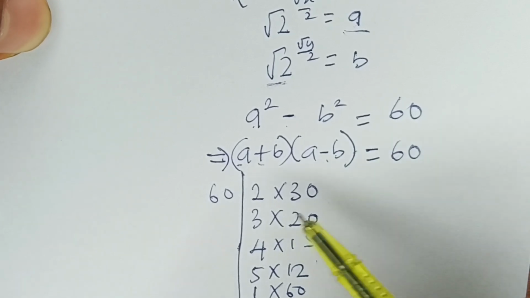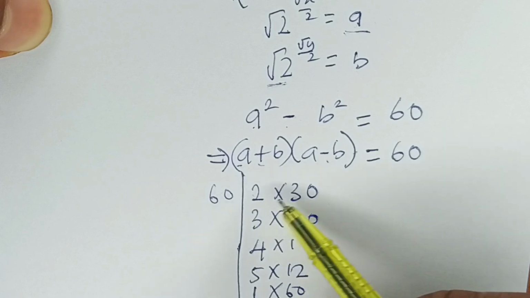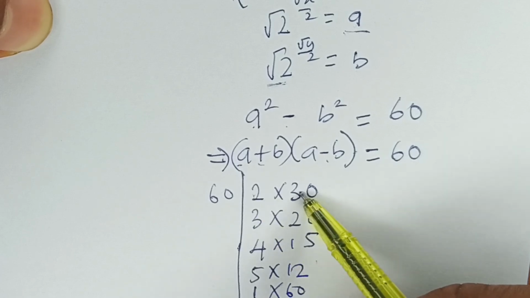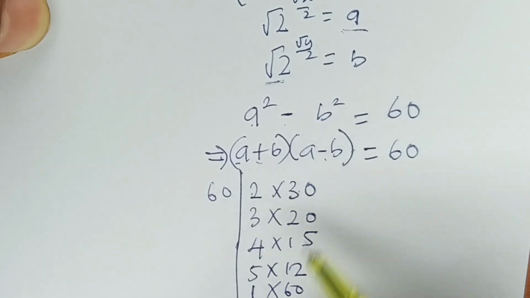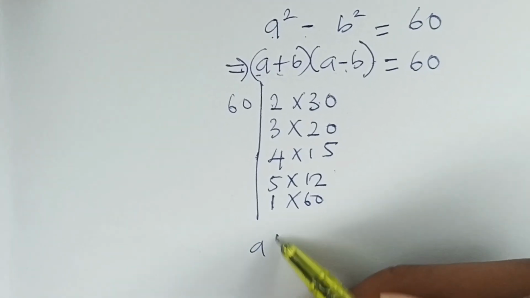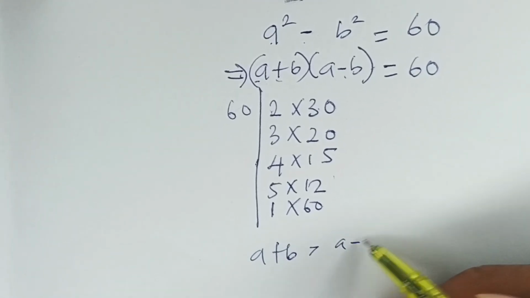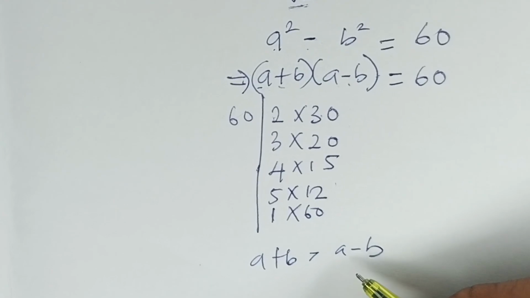Now the first thing I'll just do is to add the factors and see for myself. Okay, so 30 plus 2 is 32. Okay, so I can try 32. Now let's say that a plus b is greater than a minus b.